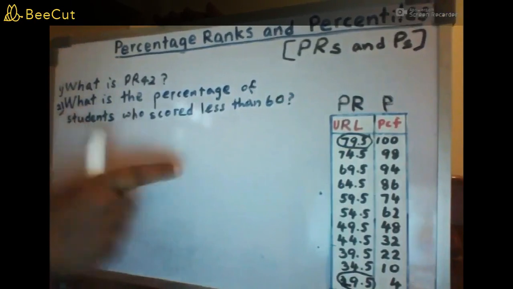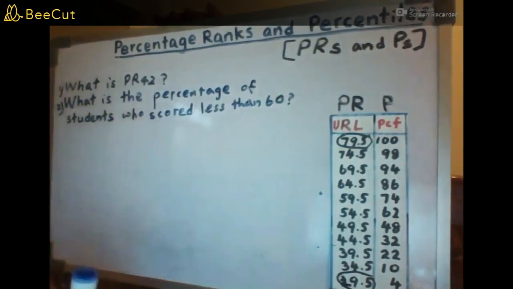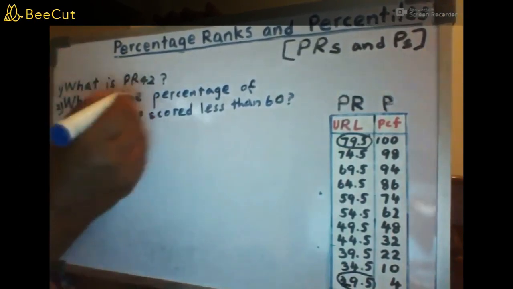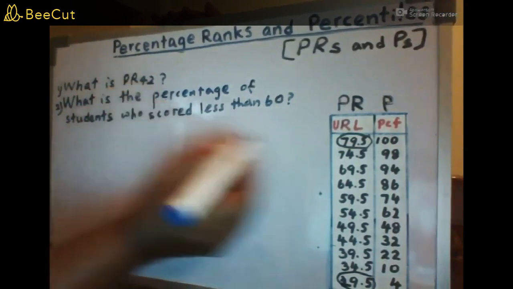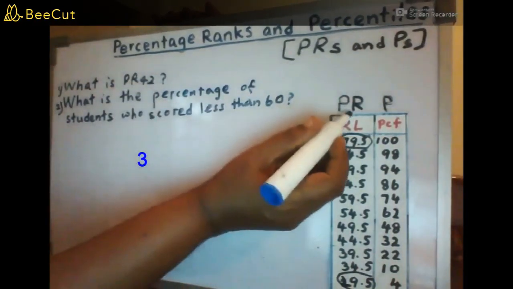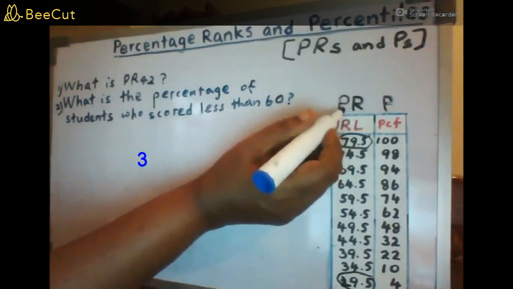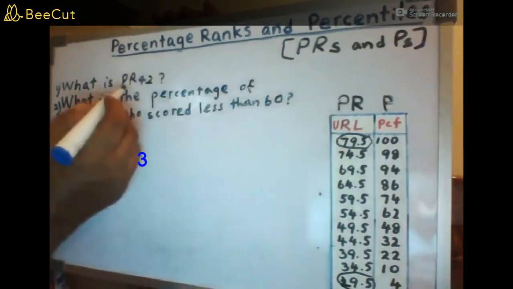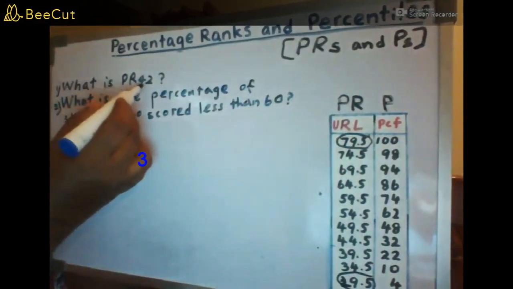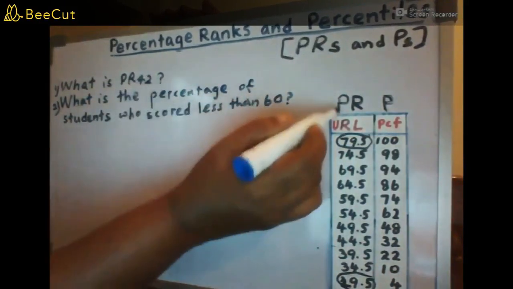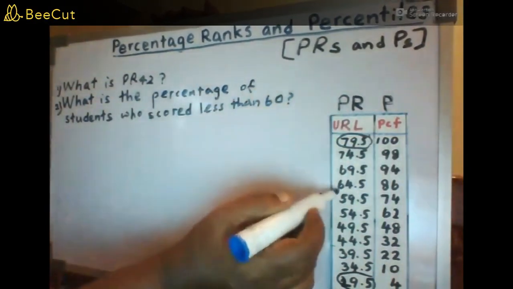If they have given the mark, what you have to do? Take that mark to the PR column. Now they are asking for PR 42, so they have given the mark. Now find where 42 is.